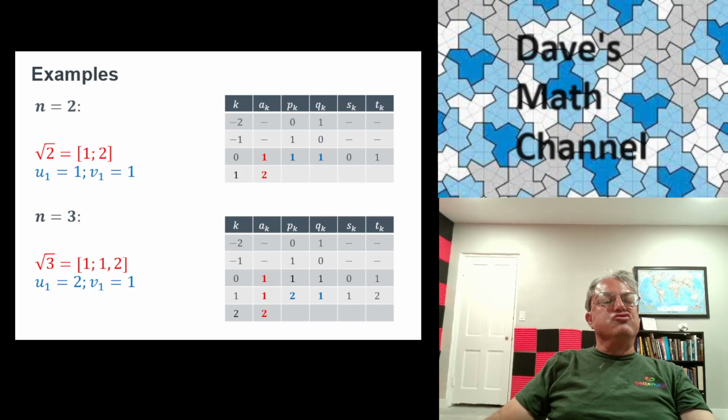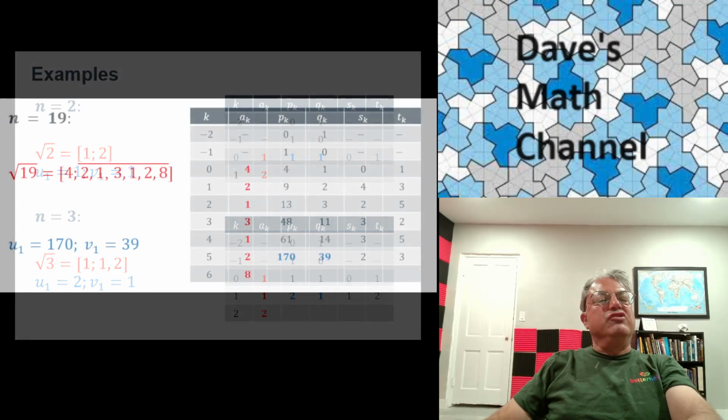So it's the 1 and the 2 that are repeating. And it turns out in this case the fundamental solution to the modified Pell's equation is U1 is 2 and V1 is 1. You can check that yourself. U2 in this case is P1, which turns out to be 2, and V1 is 1. And you can check that 2 squared minus 3 times 1 squared is indeed 1.